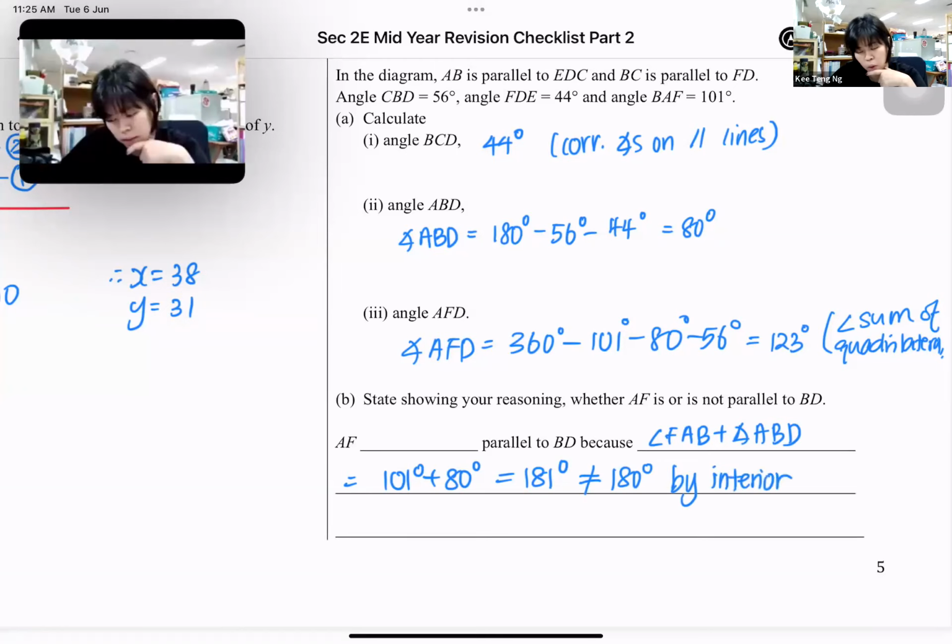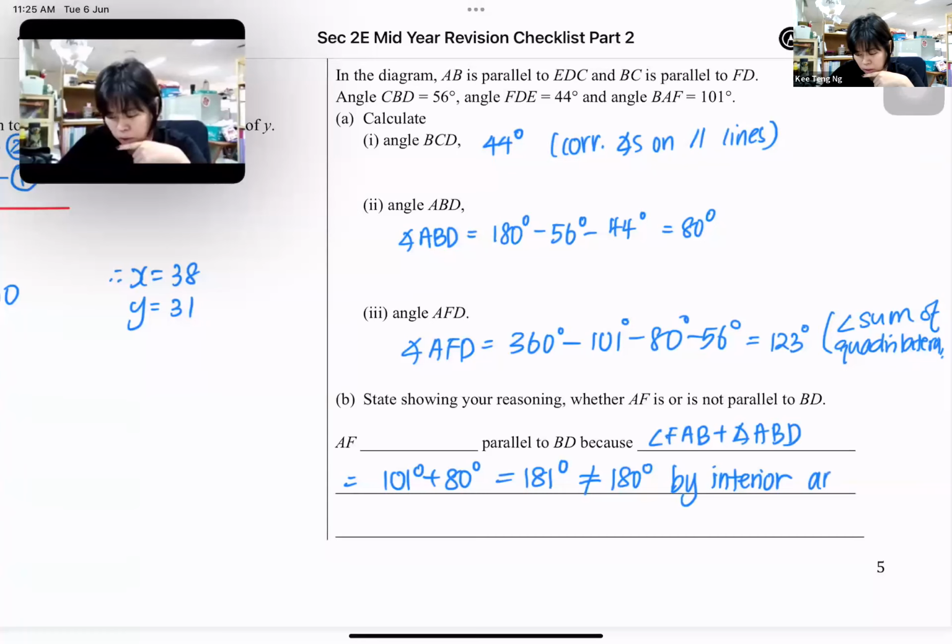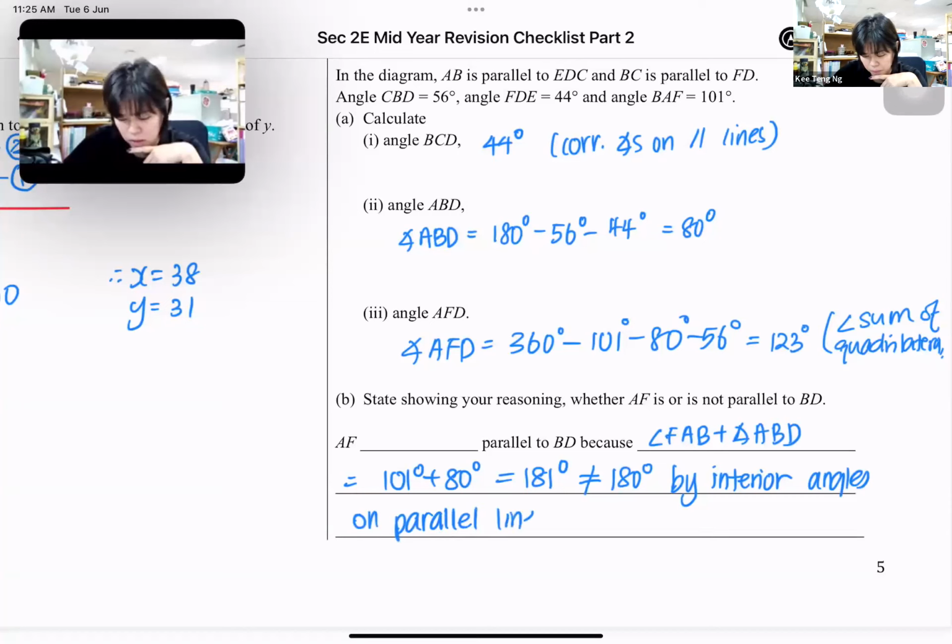And now in this case, they want you to explain and show the reasoning. So you cannot write shortcut anymore. You have to write the full formula. Not equal to 180, by interior angles on parallel lines. So therefore, AF is not parallel to BD.